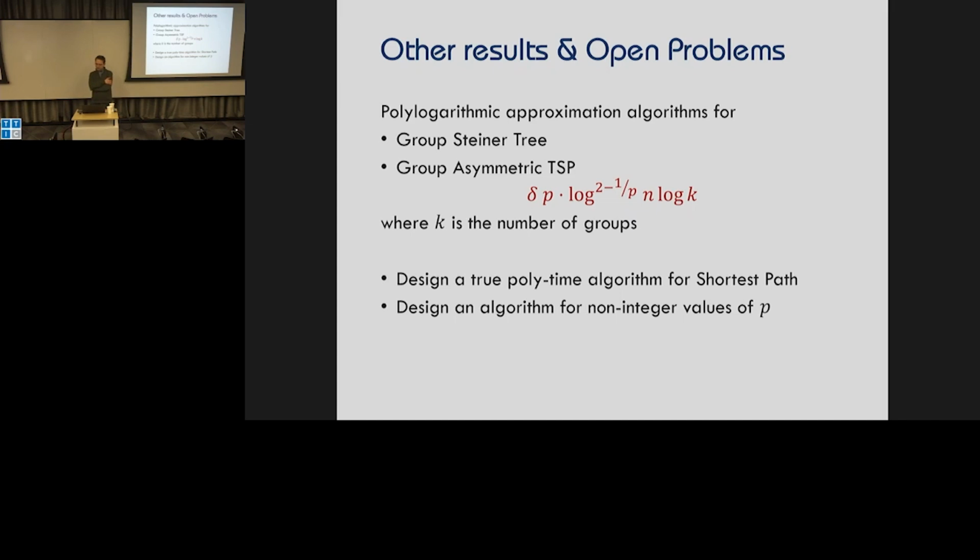If you have additional constraints, let's say on this path, then yes. So if your objective is to minimize the LP norm, but you impose some additional constraints on the path, then you can still use this algorithm and you will get the same approximation guarantee. That's true.